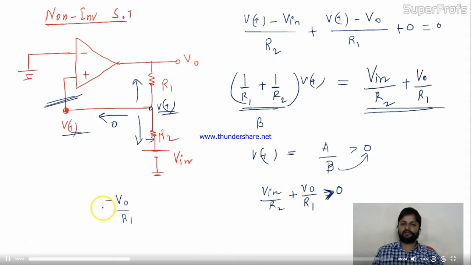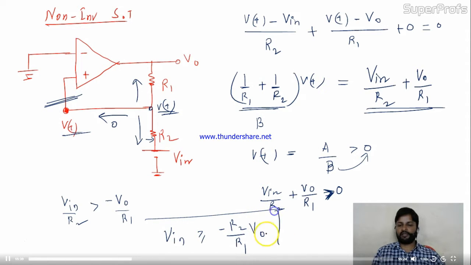The V naught by R1 is going to that side, so here I'll remain with V in by R2. Is it okay? So finally, we get the relation between V in and output: V in is greater than or equal to minus R2 by R1 of V naught. Is it okay? So this is the V in condition given.